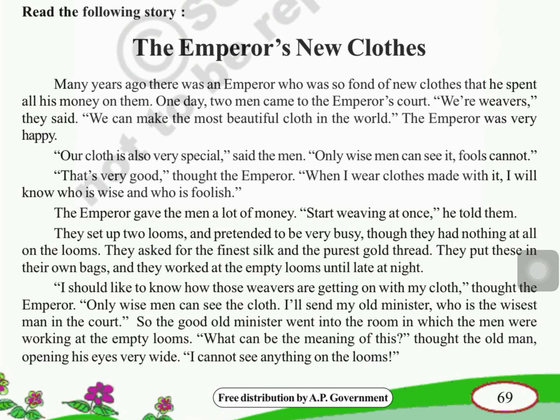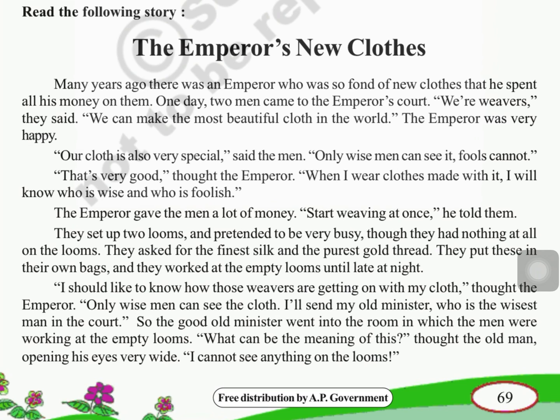And then what did they do? They asked the people, meaning the emperor's workers who were there with them. So what did they ask? They asked, we need the finest silk and the purest gold thread to do the work. They put these in their own bags.